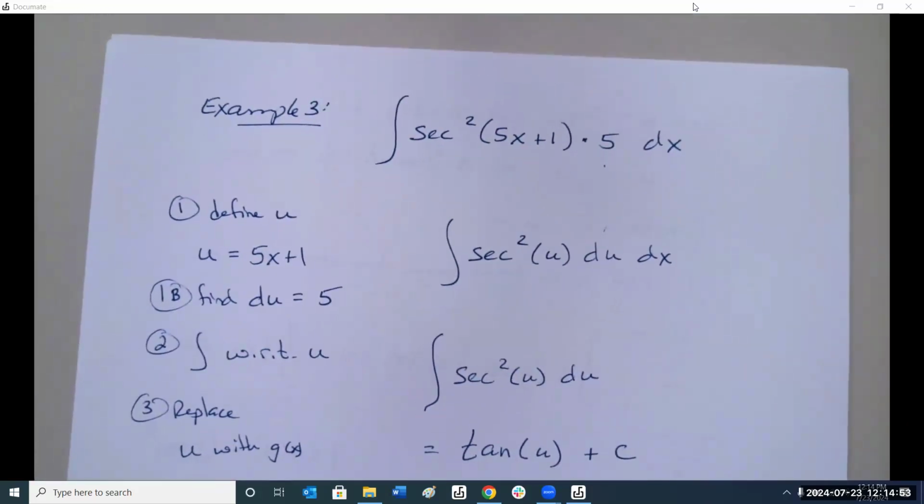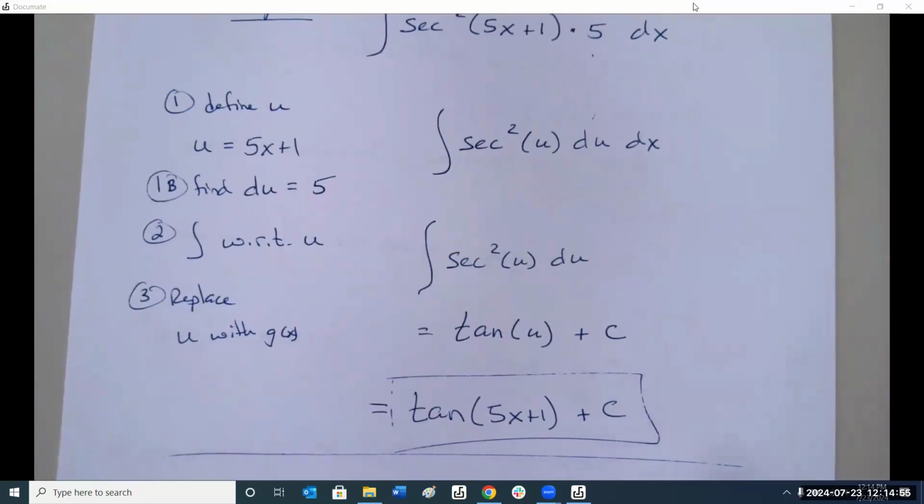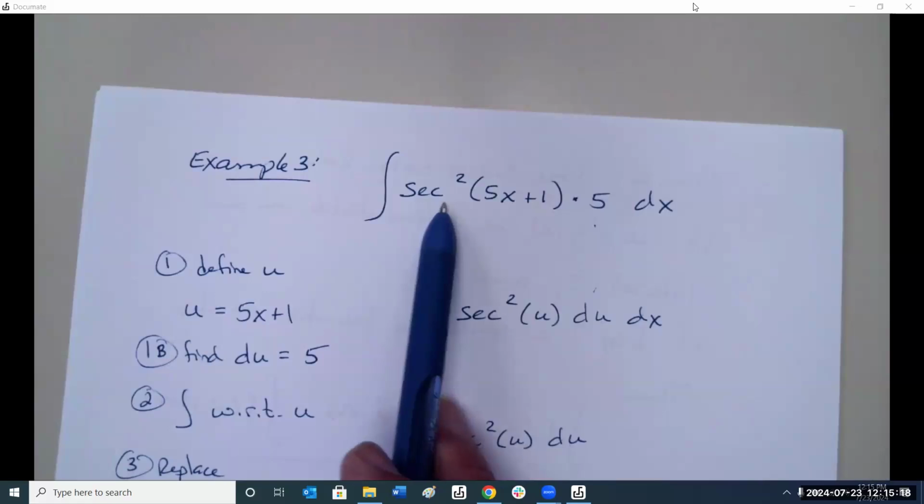It just stays there. You can't multiply by c, because then it's going to change the whole function itself. This is just a constant. When you take the derivative of a constant, what happens? It disappears.